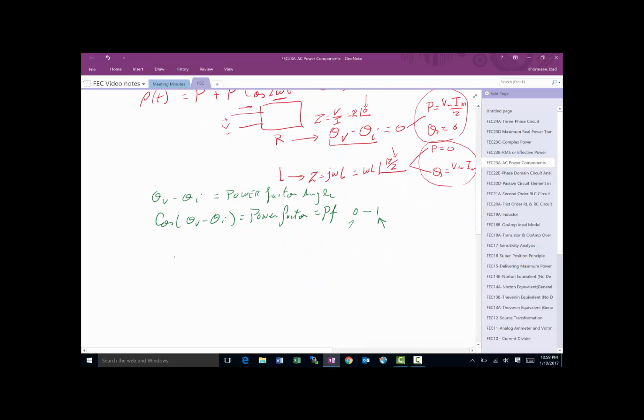Typically when somebody gives you a power factor, they also tell you whether it is leading or lagging. Let's say they say the power factor is 0.5.